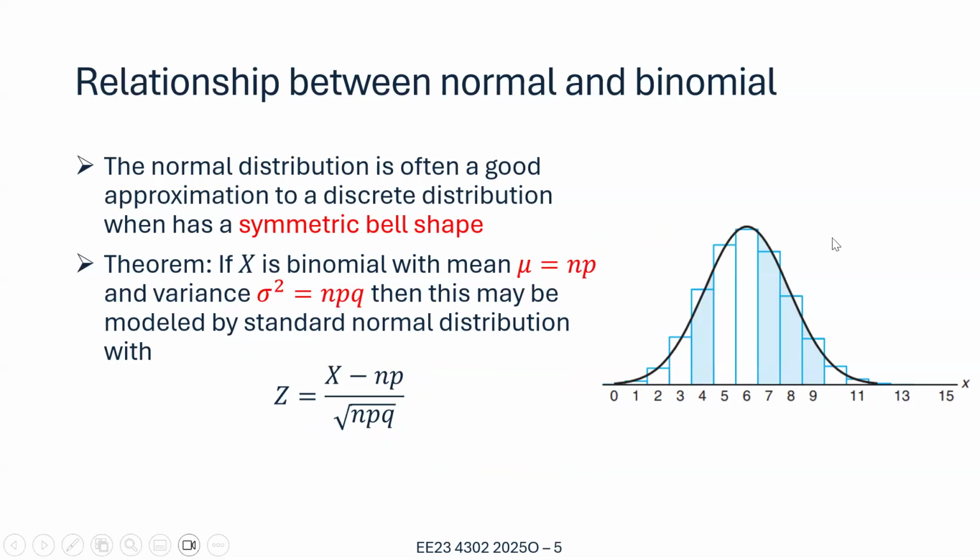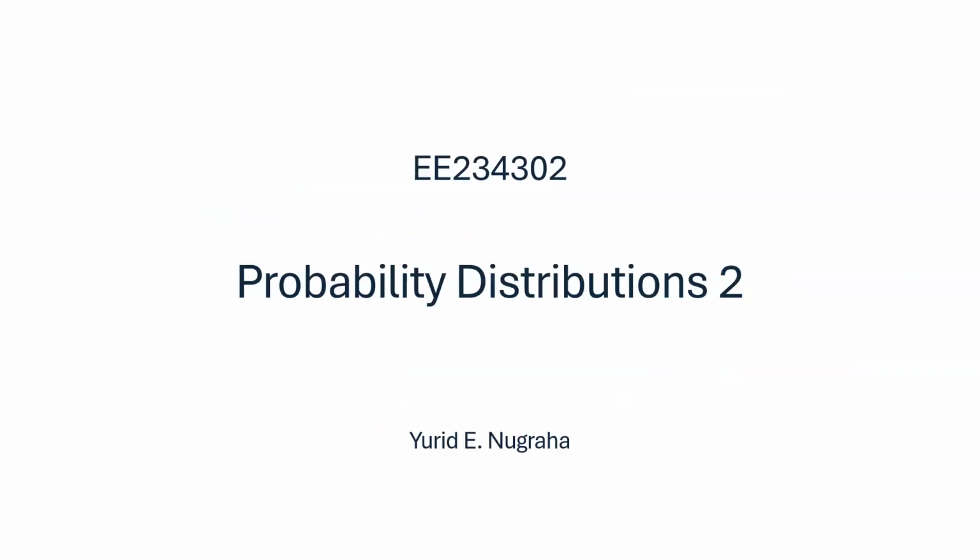All right, so that's the first part of the probability distribution. We have covered the uniform, normal, and binomial. Then we will continue into the second part, where we have other distributions such as Poisson, the hypergeometric, the gamma, and others.